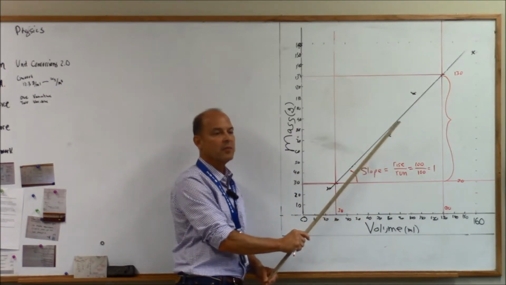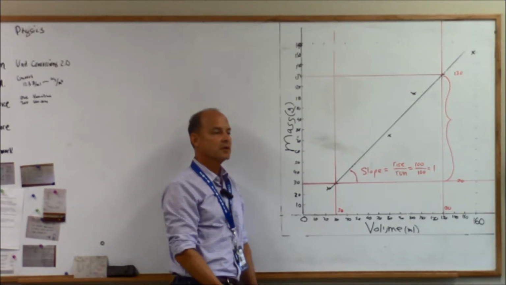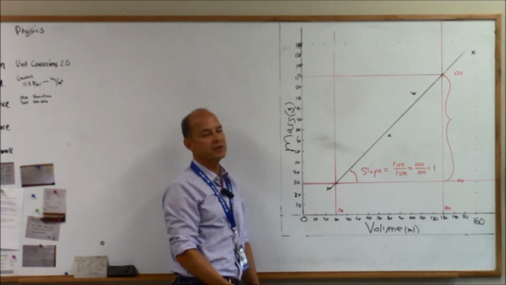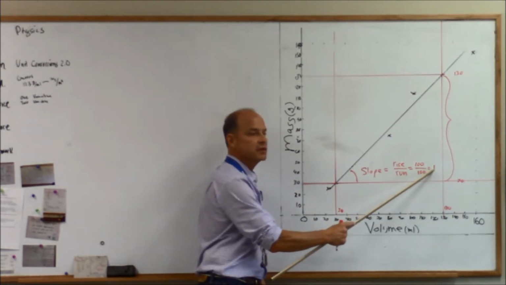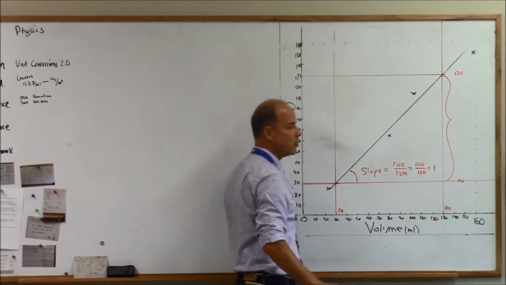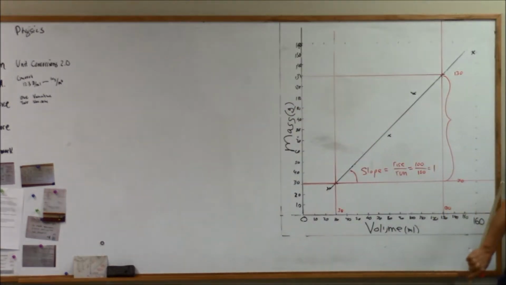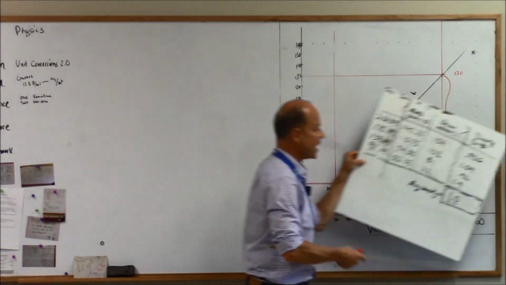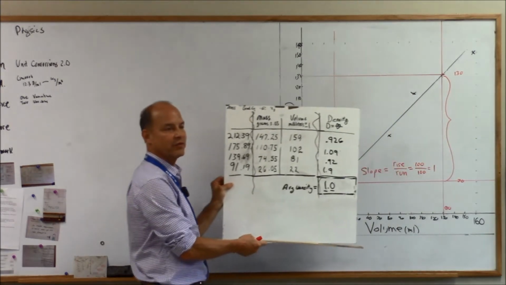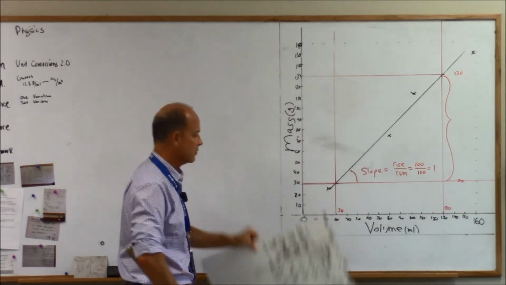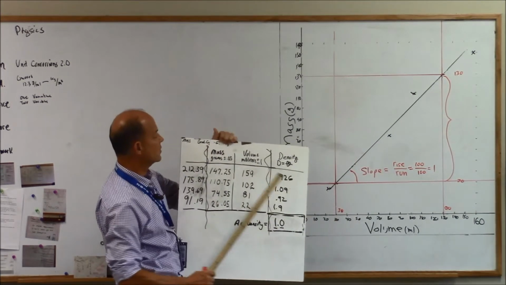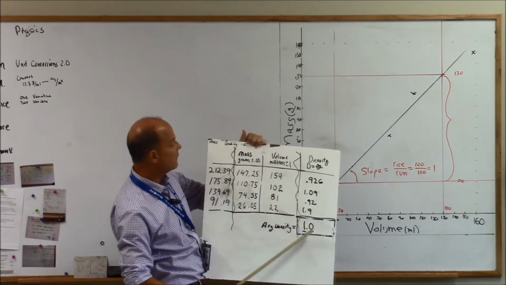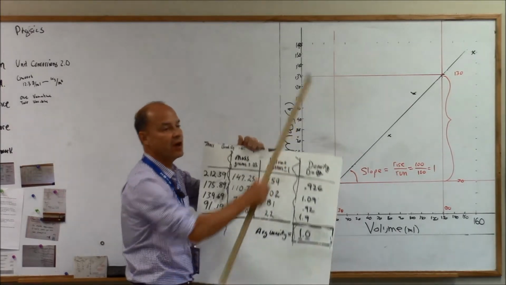Okay? But here's the revelation, or here's what you need to understand. Graphically, the slope was 1, and when we did it by calculating an average, what was the value? 1, right? Because again, I want to make sure you got the connection. To get this average, we divided the mass by the volume.